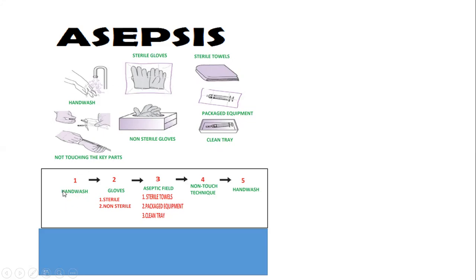The steps are as follows: hand washing, gloves, sterile. We use the sterile ones, and we eliminate the non-sterile ones. Aseptic field, non-touch technique, and hand wash at the end.